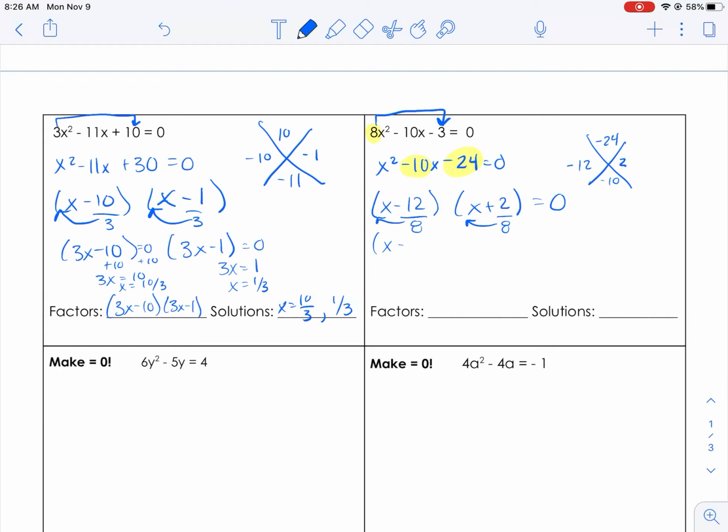So 12 over 8 simplifies, if we divide both of those by 4, to 3 over 2. Okay, and then we can also simplify 2 over 8. That's going to be 1 over 4. So they're as simple as possible. Now we're going to move that denominator to the front. So 2x minus 3 and 4x plus 1 are our factors.